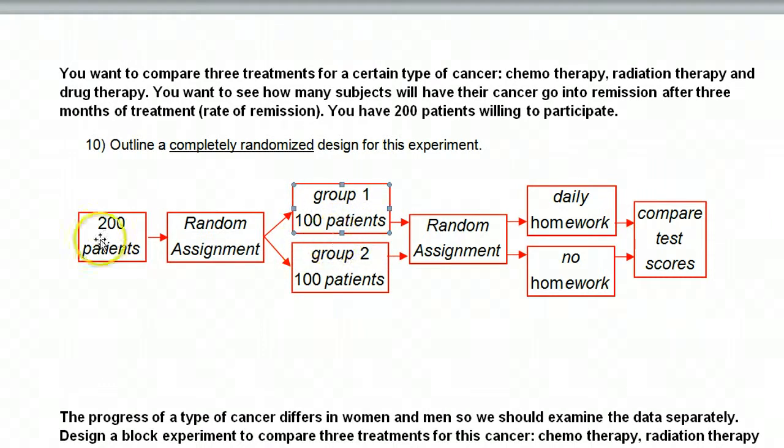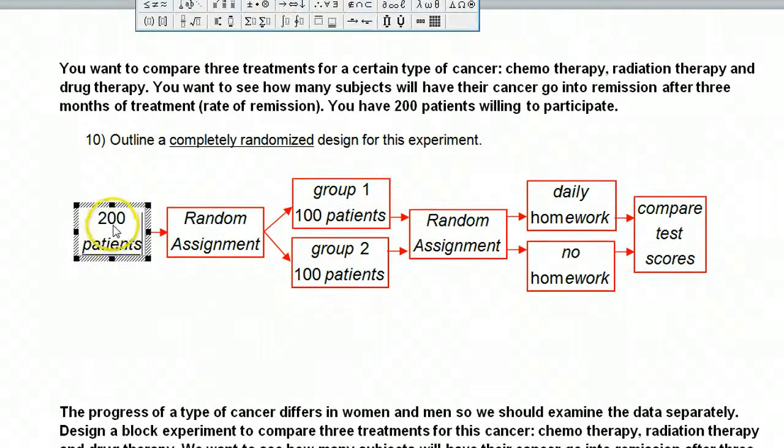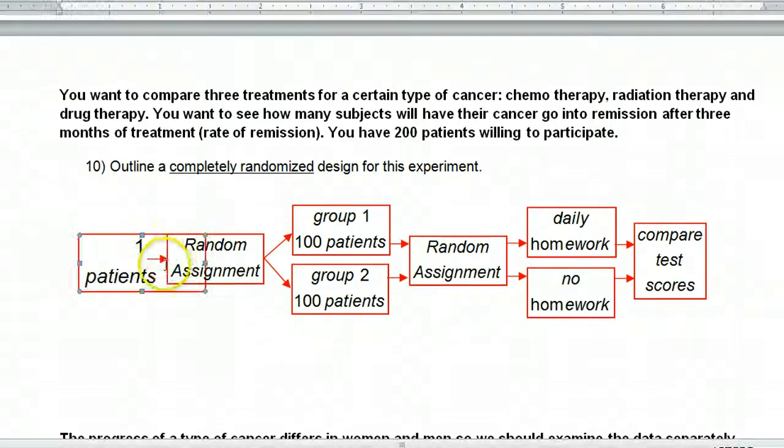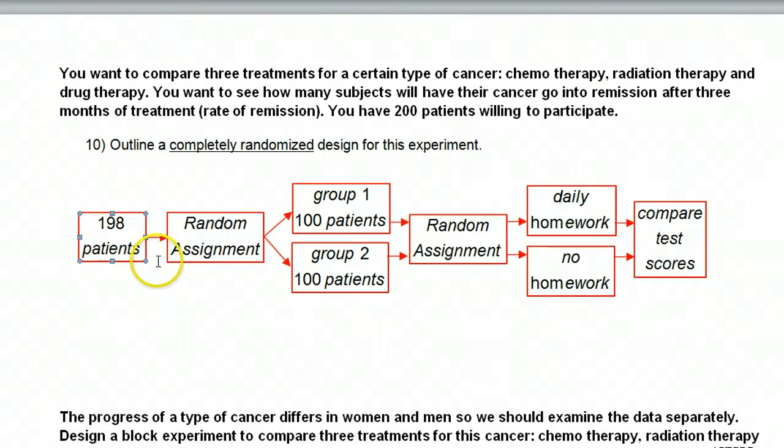So 200 divided by 3. Since there's 3 treatments, I need 3 groups. 200 is not divisible by 3, so I'm going to use the closest number possible. I'm going to use 198 patients.